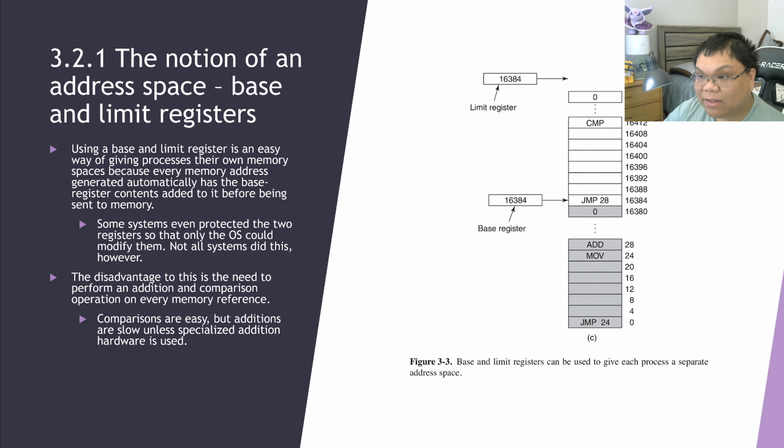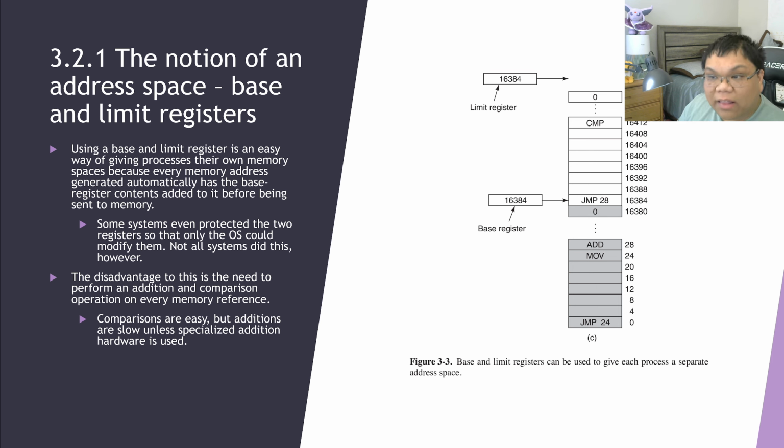Using a base and limit register is an easy way of giving processes their own memory spaces, because every memory address generated automatically has the base register contents added to it before being sent to memory. Some systems even protected the two registers so that only the OS could modify them, though not all systems did this.